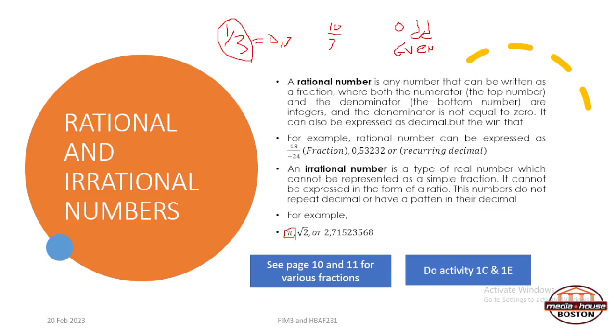So they grow by that pattern: 1, 3, 5, 7, 9, 11, 13, 15. Then we've got 19, so we skip 18. 18 is an even number because it is divisible by 2. Any number that is not divisible by 2 is an odd number, and any number divisible by 2 is an even number.